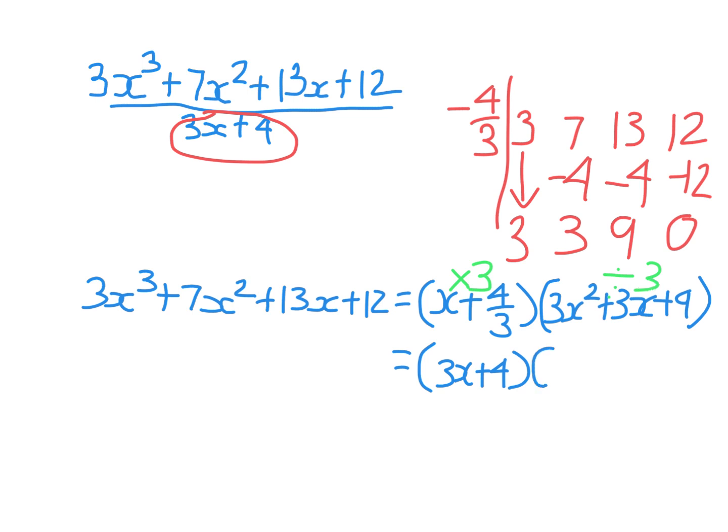So I'm going to divide each of the terms by 3. I get x squared plus x plus 3. So if this is equal to these two multiplied together, when I divide this by 3x plus 4, I'm just going to be left with this quadratic x squared plus x plus 3, and once again, there was no remainder.